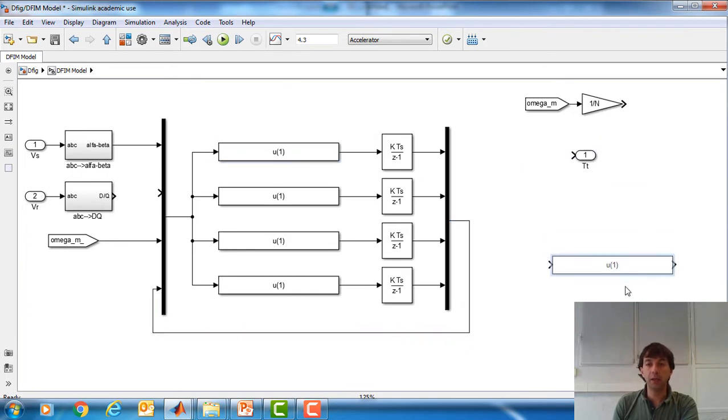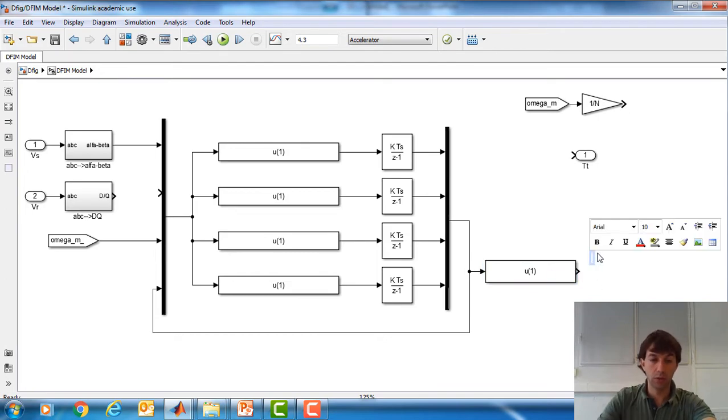Okay, and here we will need another equation, another function, in order to calculate the torque. Let's connect it there. So that will be the torque.